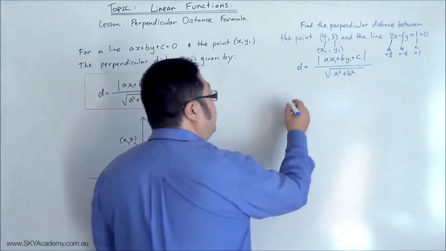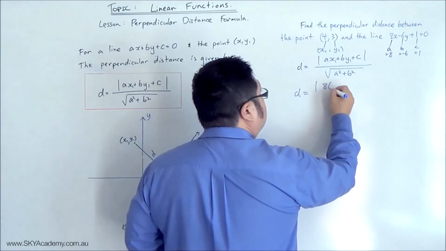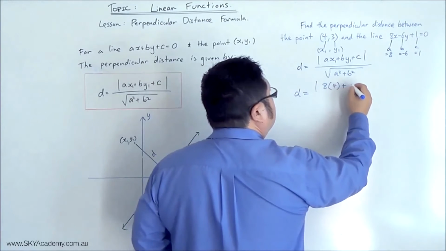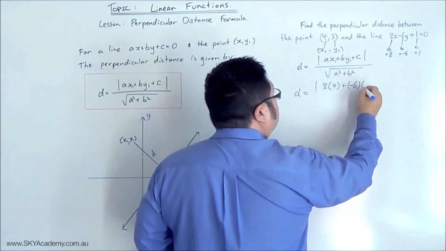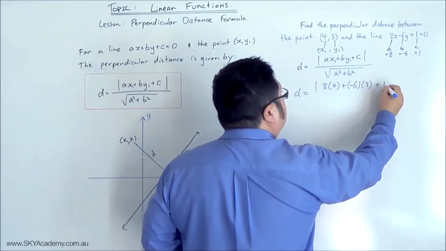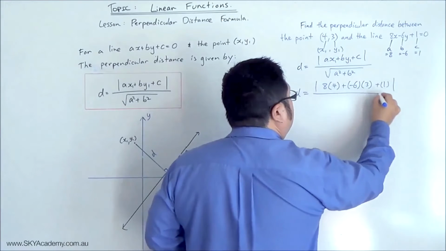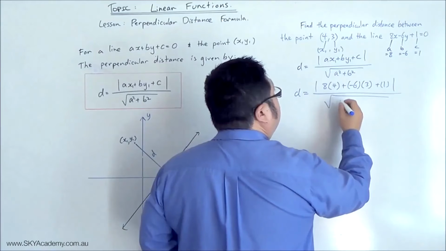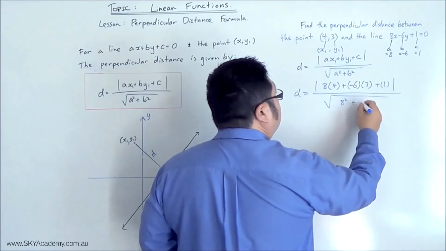So let's substitute in. d is going to be equal to the absolute value of 8 times 4 plus minus 6 times 3 plus 1, all over the square root of a squared, which is 8 squared, plus b squared, which is minus 6 squared.